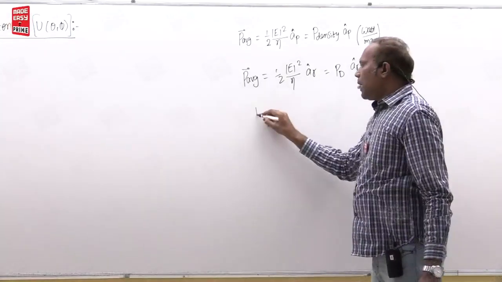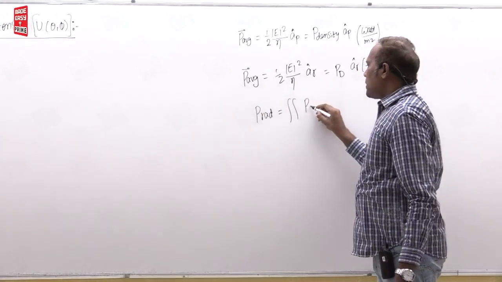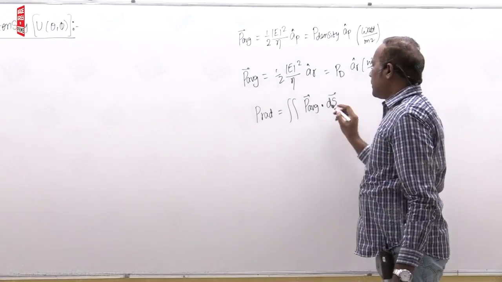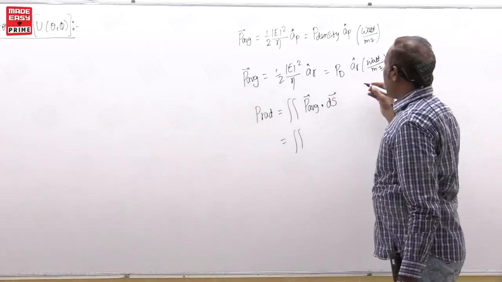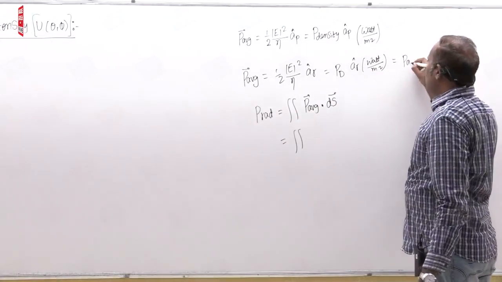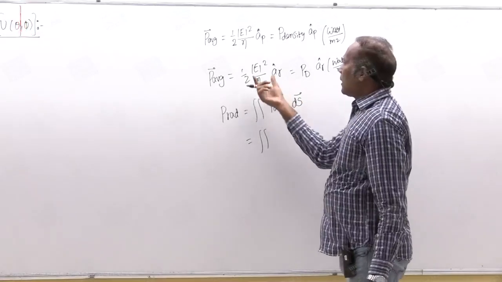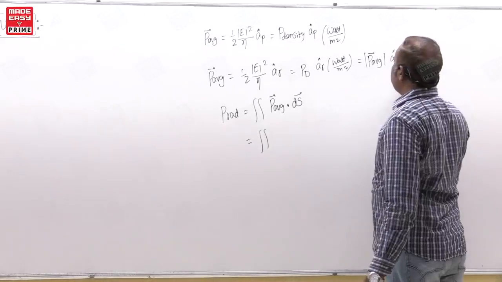Now, what is the power radiated by any antenna? It is the average Poynting vector multiplied with dS. Shall I write like this? This one, the modulus of the average Poynting vector, multiplied with a_r.